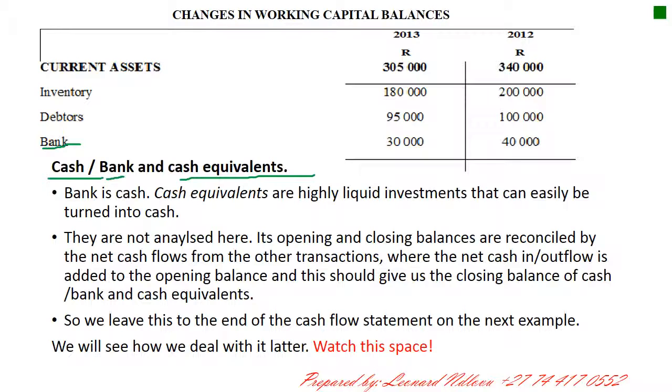Its opening and closing balances are reconciled by the net cash flows from the other sections of the cash flow statement, where the net cash in or outflow is added to the opening balance, and this should give us the closing balance of cash and bank and cash equivalents. So we leave this to the end of the cash flow statement on the next example that we shall look at. We will see how we deal with it later. Just watch this space.